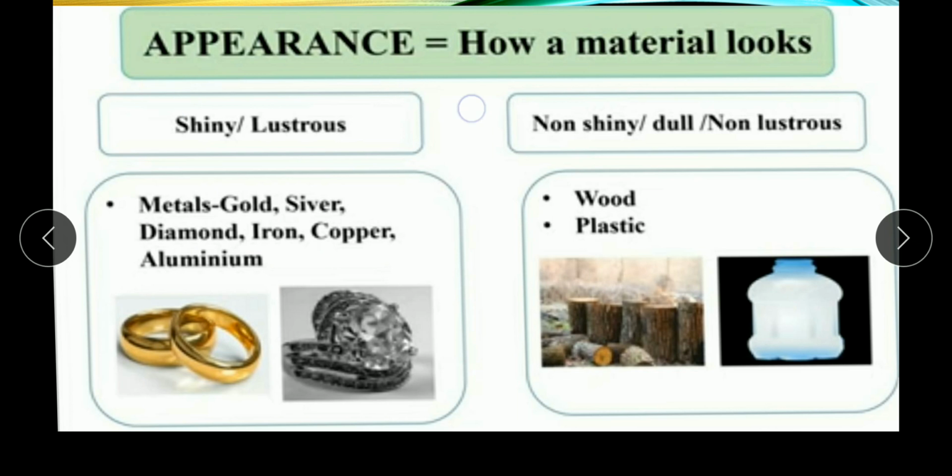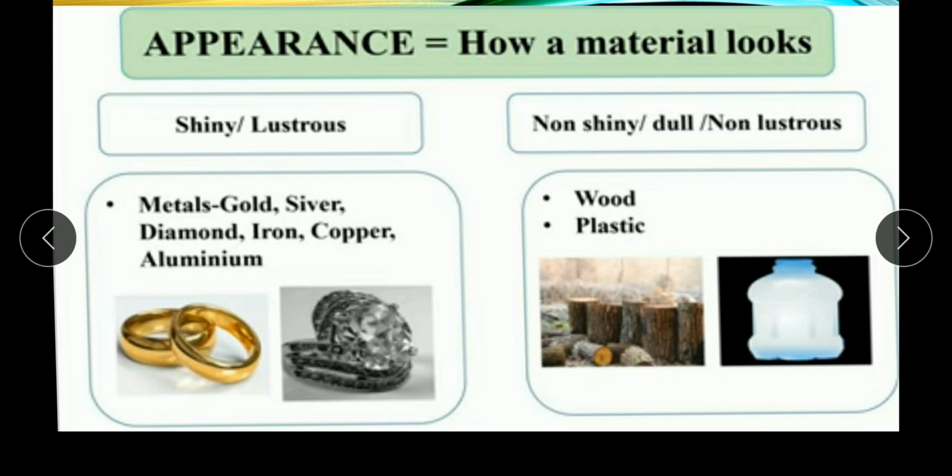How a material looks. Based on the appearance, the materials are classified as shiny and non-shiny. Shiny objects are also called lustrous and non-shiny are called dull or non-lustrous. What are lustrous objects?